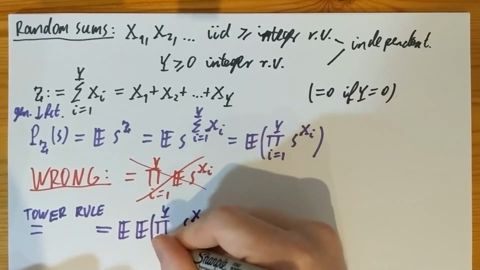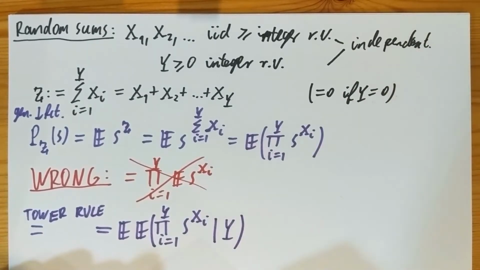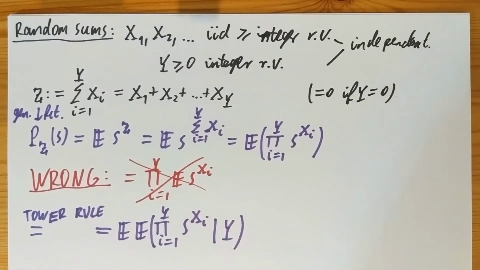So I'm going to take an expectation of this whole thing conditioned on Y. At this moment, this inner expectation is a function of Y, and if I take an outer expectation with respect to the distribution of Y, I'm going to get back the unconditional expectation, the original total expectation. So what's the point in doing that? Well, hopefully everybody remembers that if Y is given, then Y is not random. We can actually pull out or take out what's not random.